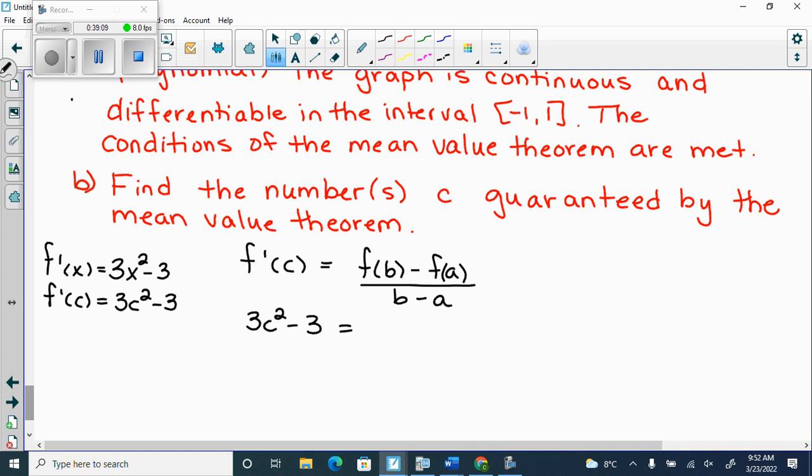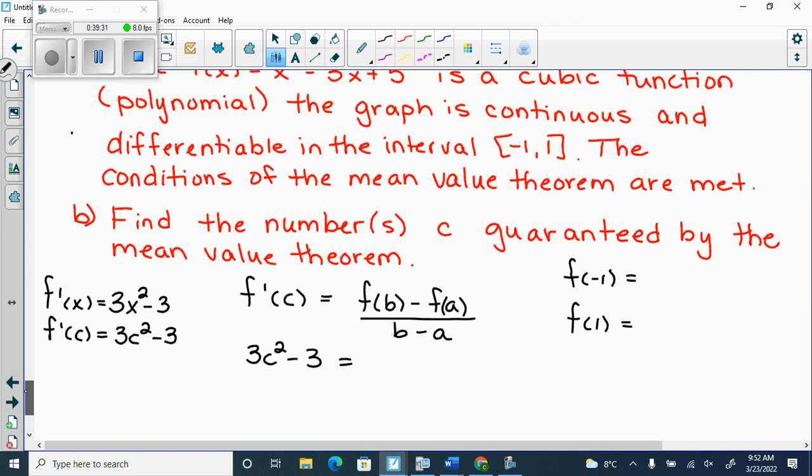Right side, grade 10 math. Currently I have the x values, I need the y's. And I need f of negative 1, and I need f of 1, right? And you can put these backwards.